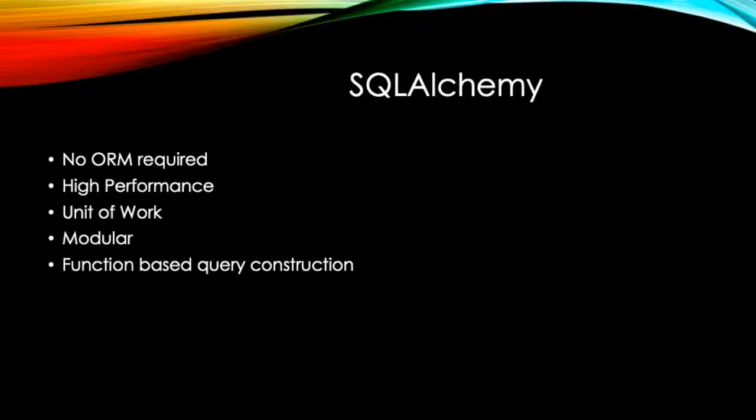It's also modular, so modular allows you to separate your classes into different modules, which will make it easier for unit testing. It's also the function-based query construction, so you can construct any SQL query with the same syntax for the database, and it will actually execute it. I will also show you how to do that in a second.